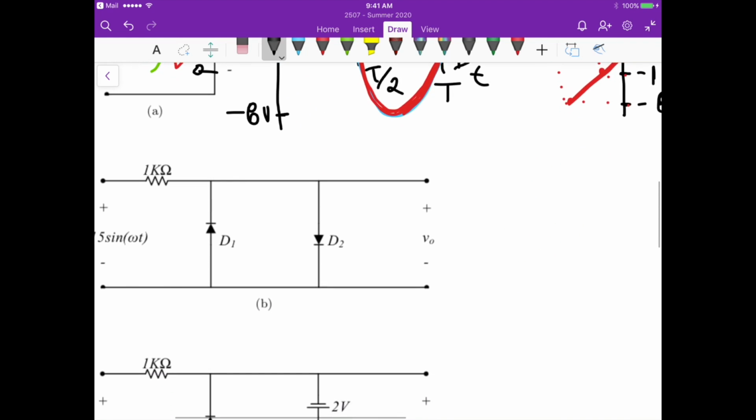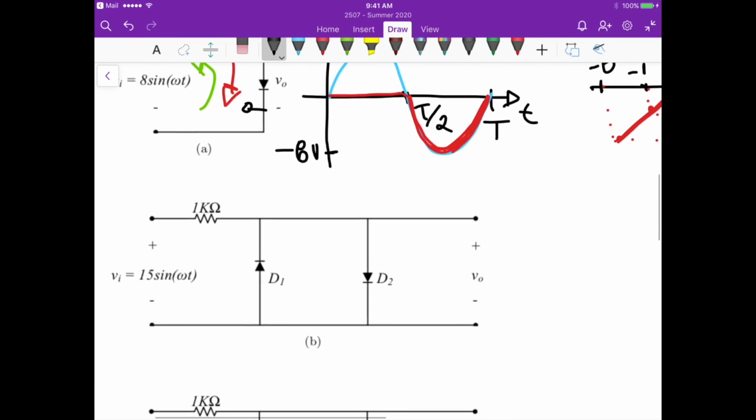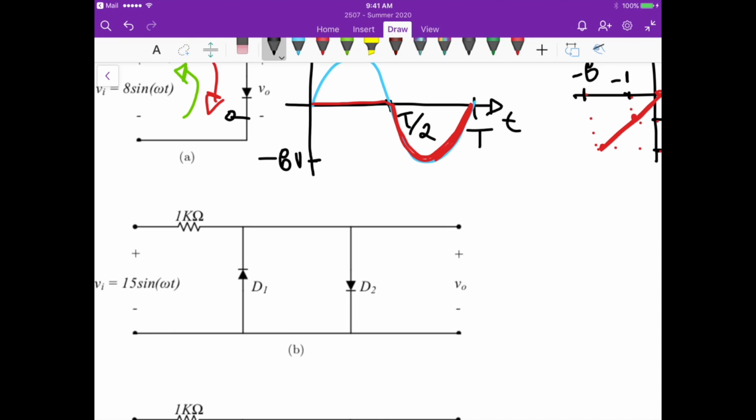Let's go to the next one. For this one, we have double diodes, right? So they are in an anti-parallel configuration. In this particular case, if the input voltage source is positive, so the potential here is positive, we would have a current flowing in this direction, and then V out would be equal to 0, because it's just a short circuit.